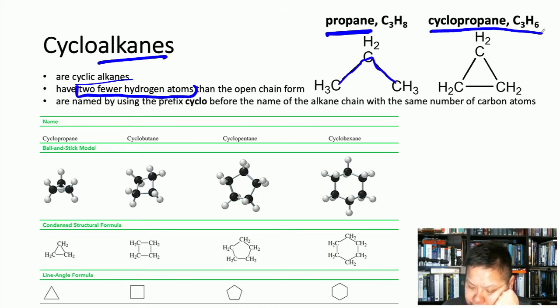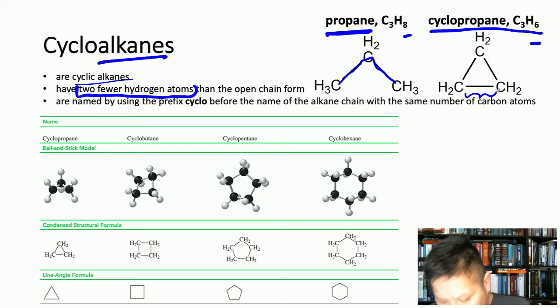Notice that it has 2 fewer hydrogens than propane does. Why is that? Well, that's because of this third bond right here. This third single bond here that connects the 2 end carbons to each other, making this a triangular shape, occupies one of the bonds that those end carbons have, right? So there's not a space for a third hydrogen on either of those carbons anymore, and that's why it's missing 2 hydrogens, right?